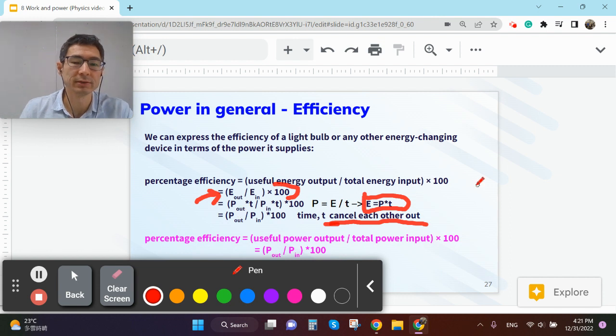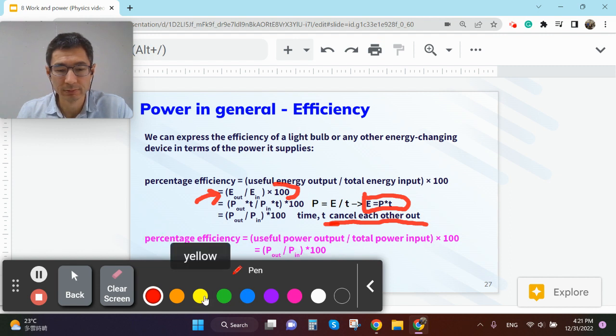I'm left with only useful power output divided by total power input, multiplied by 100, which will give me this equation.